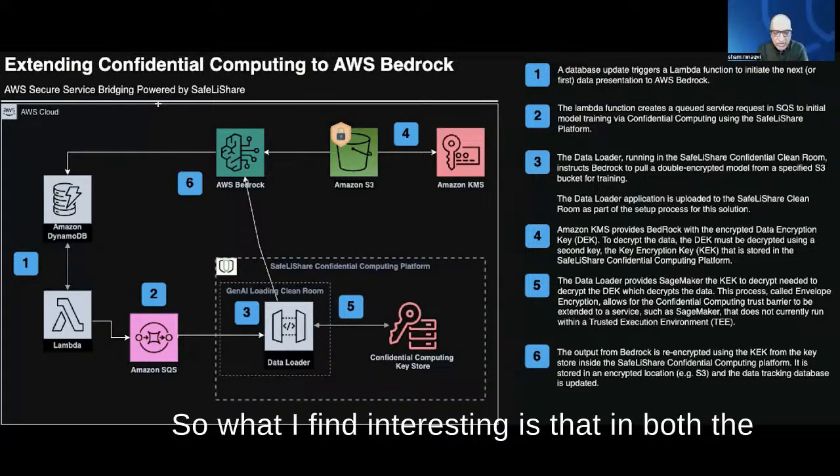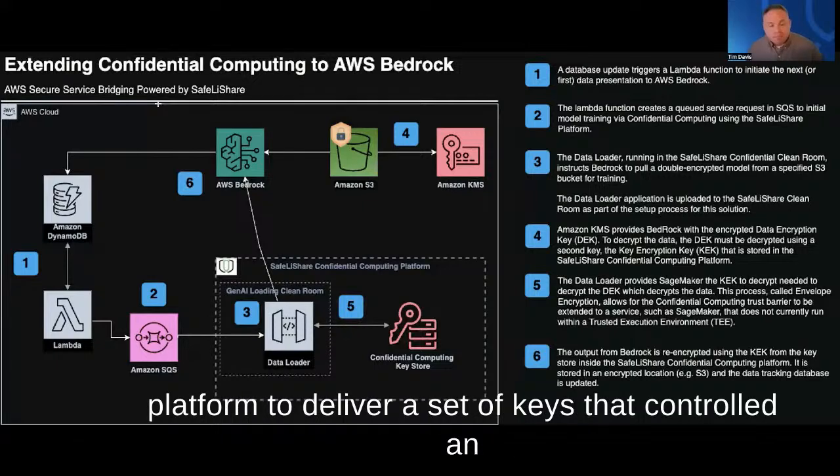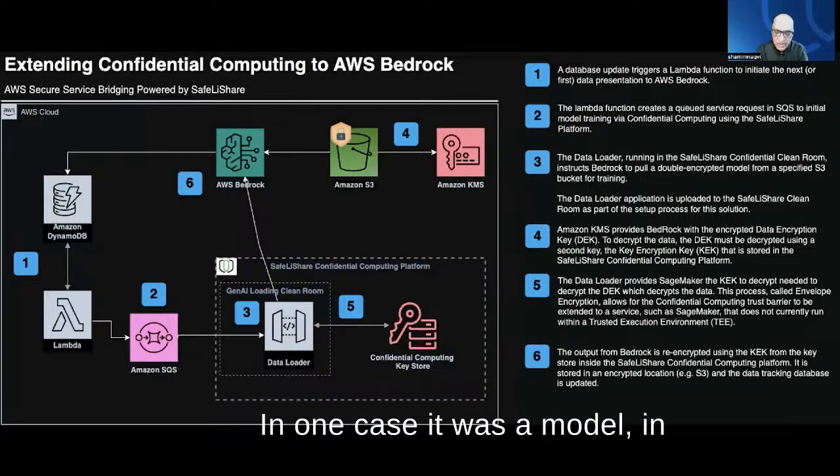So what I find interesting is that in both the examples that you shared, you were using a confidential computing platform to deliver a set of keys that controlled an asset shared by a collaborating partner. In one case, it was a model. In the other case, it was a data set.